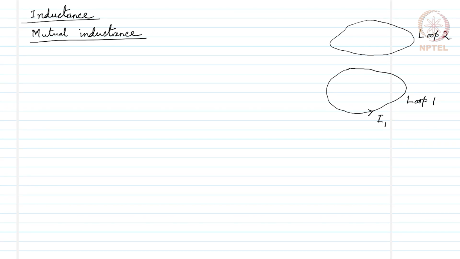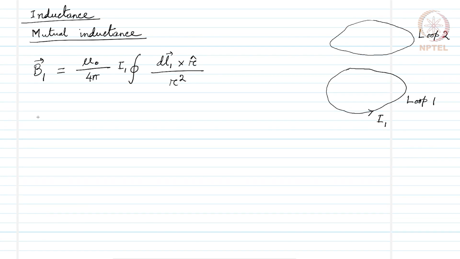So, the magnetic field on loop 2 due to loop 1, let us call it B1, can be evaluated to be mu naught over 4 pi, I1 is a constant, closed integral dl1 cross r cap over R squared, closed because we have a closed loop here in this picture.